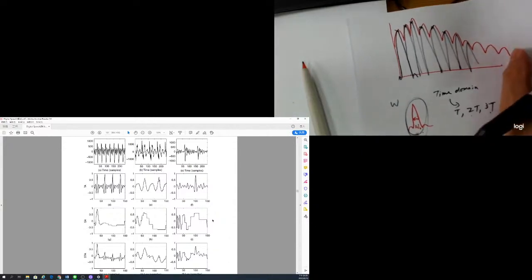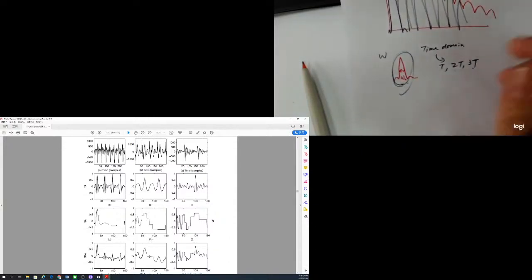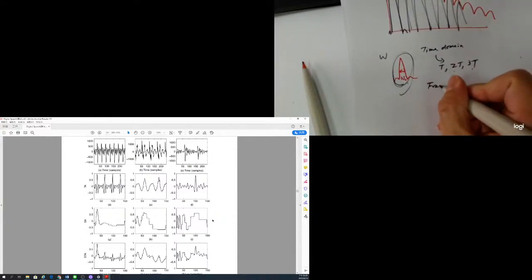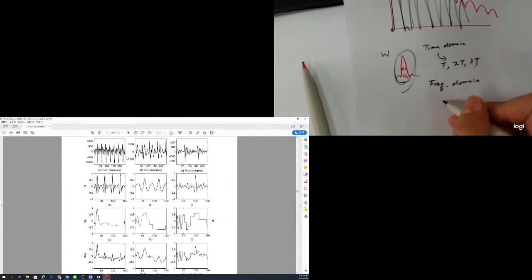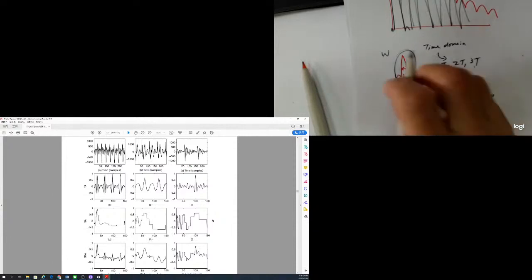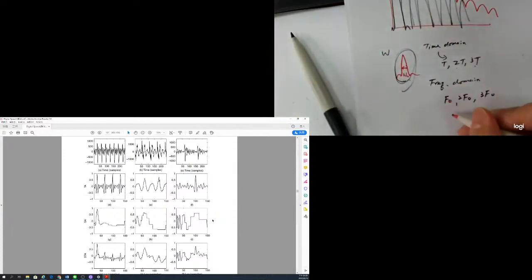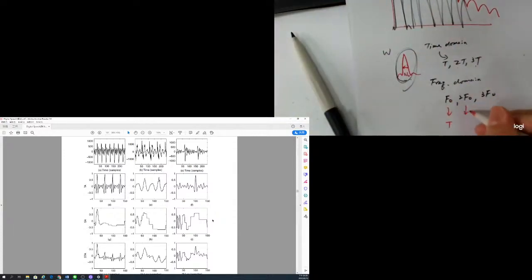However, if you are using the frequency domain method, you are trying to find harmonic frequencies. So it is easy to find the fundamental frequency f0, 2f0, 3f0. But in the time domain it looks like T over 2 and T over 3.